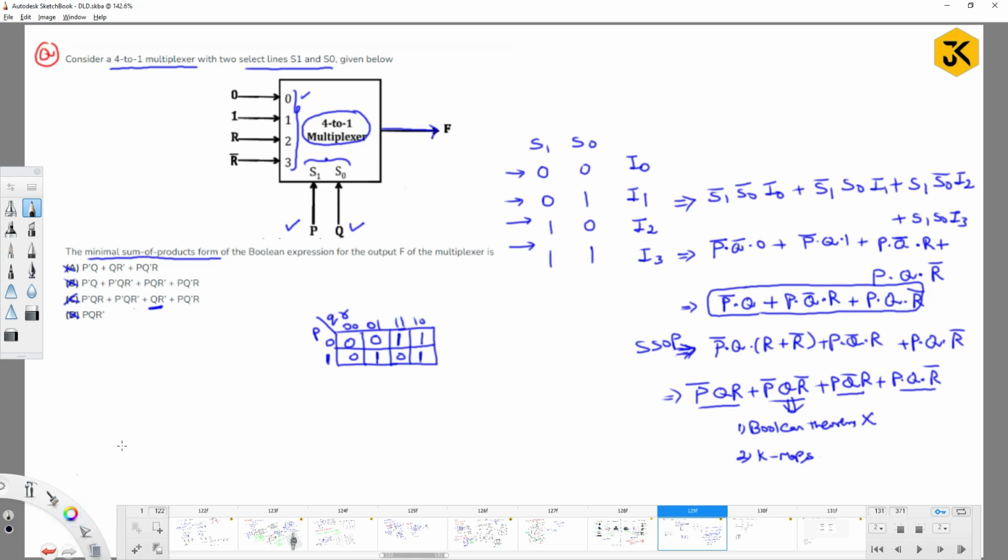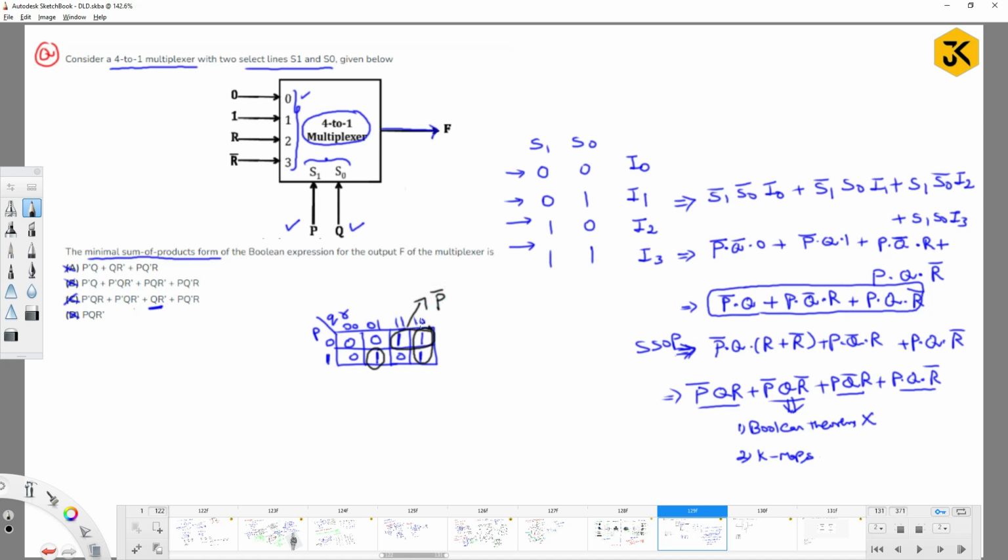Now how can you combine? You have to find the size of the largest subcube. So I can take this as one largest subcube, and can I take this as one largest subcube? Yes. If you take this largest subcube, the values are P bar Q, since R is not changing.